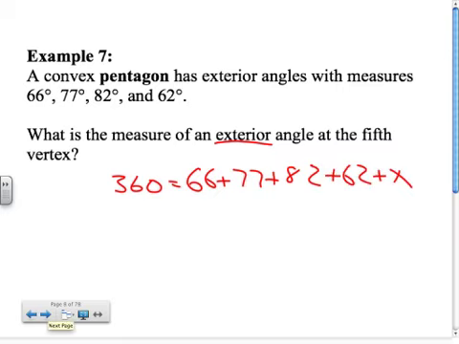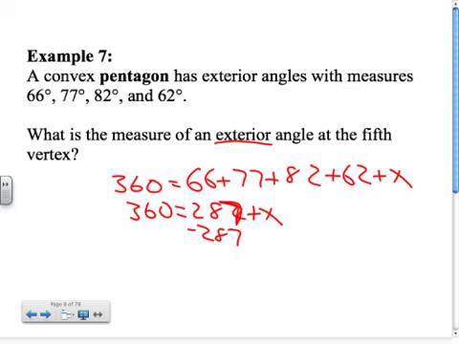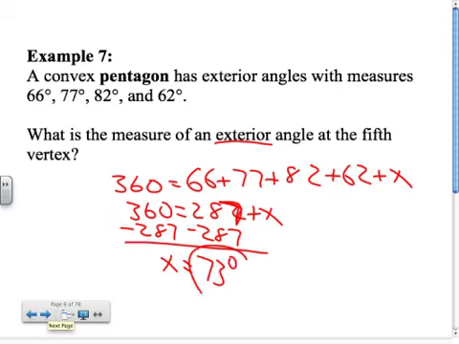All right, and now it's just a very simple algebra problem. 66, 77, 82, and 62 all add up to 287. So I have 287 plus x equals 360. Subtract 287 from both sides, and I'm pretty sure we're going to end up with the last exterior angle being 73 degrees.